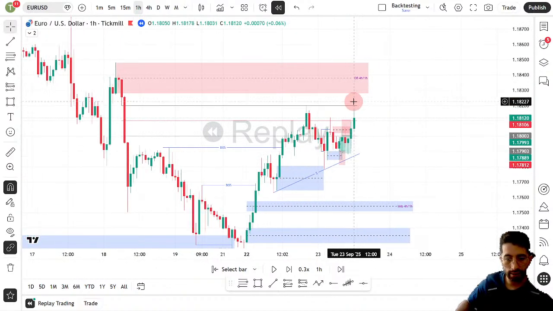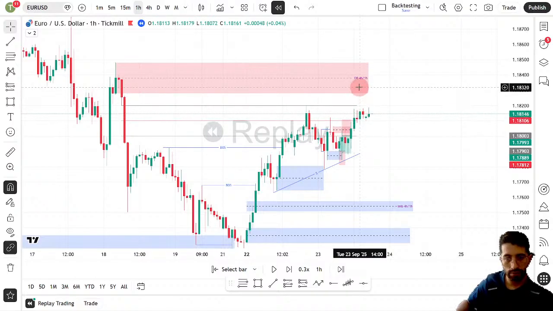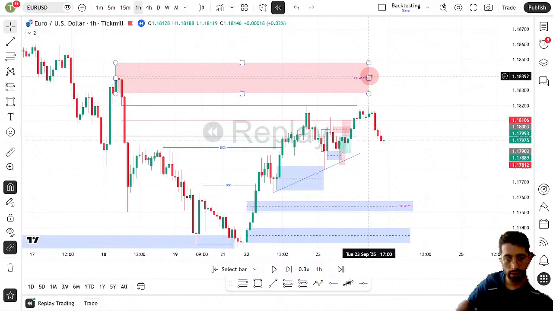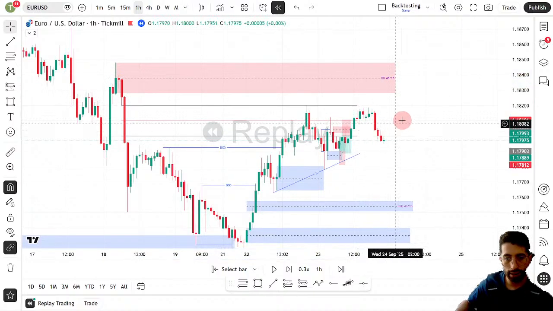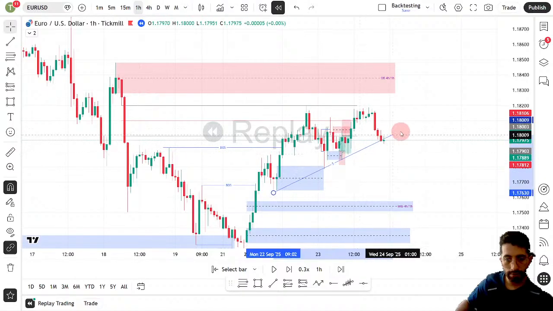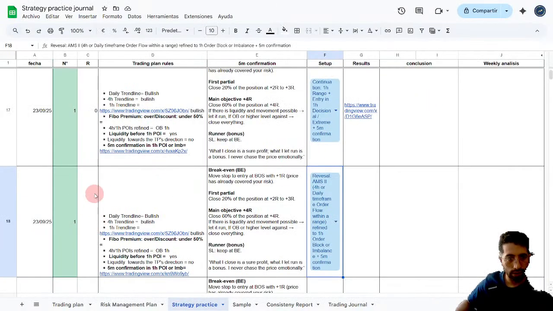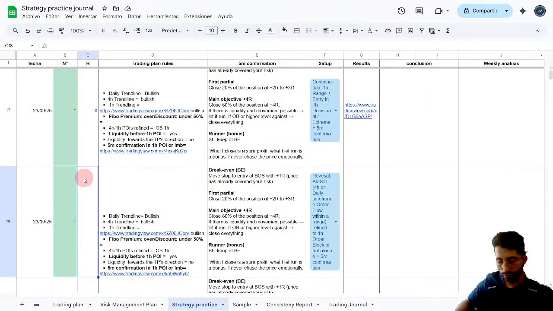We haven't risked anything, and the day has turned off. Okay, so we have finished the day. It actually reacted to this imbalance, 1 hour imbalance, and well, it's part of the analysis. So that day on Tuesday, we got zero orders, zero results, which is fine.